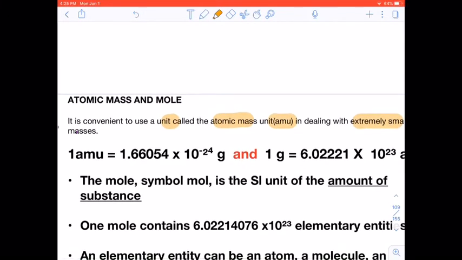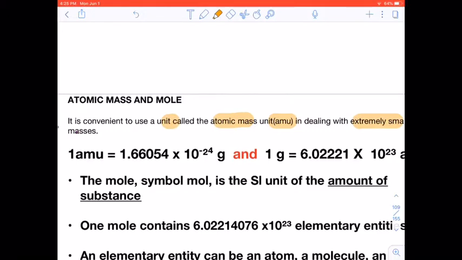So when we talk about the mass of an atom, we give it in terms of atomic mass units. First I said that in terms of relative atomic mass, it's just a number with no units. But if we are expressing it in a unit, then it's expressed in atomic mass units.